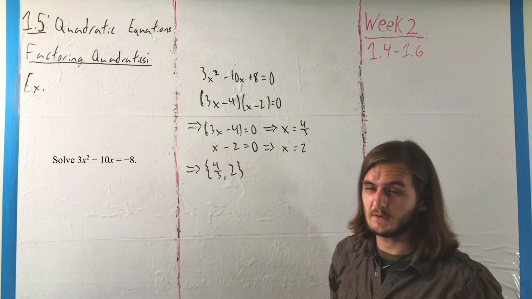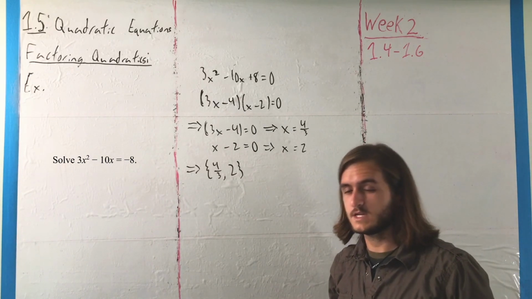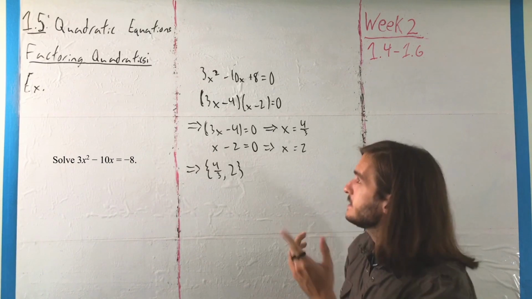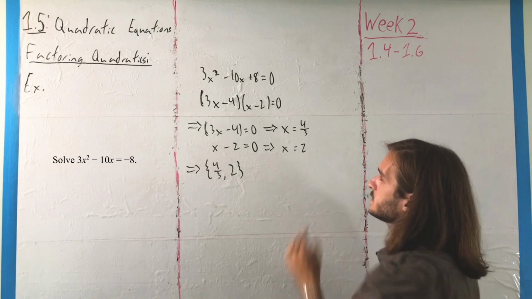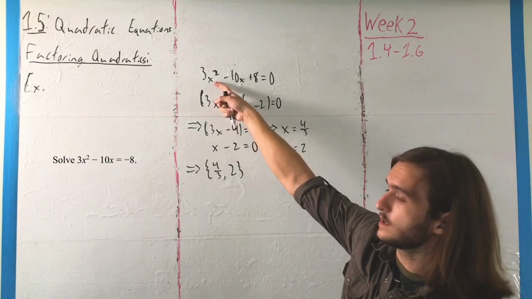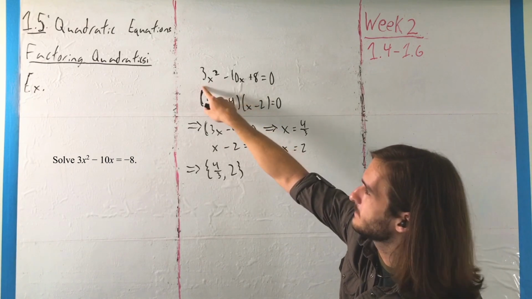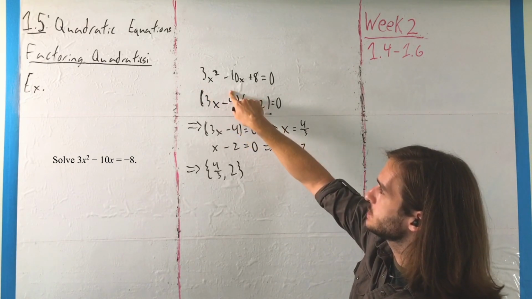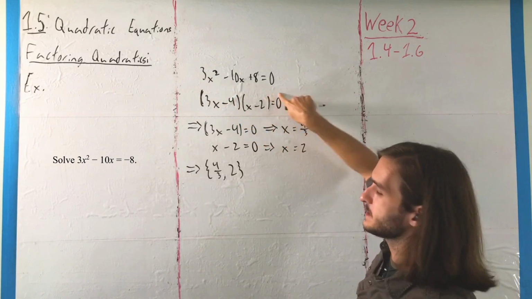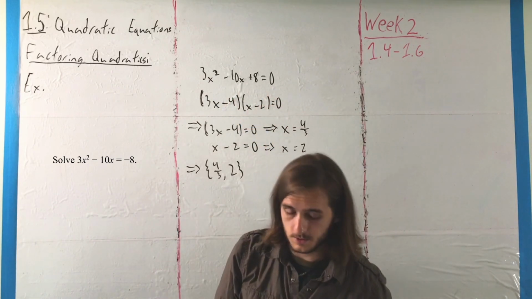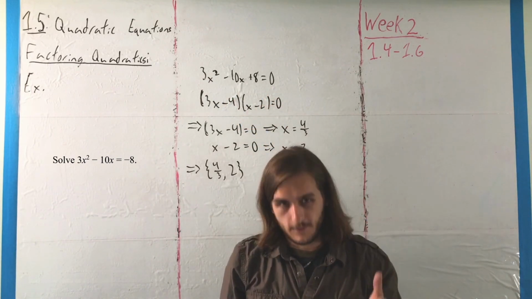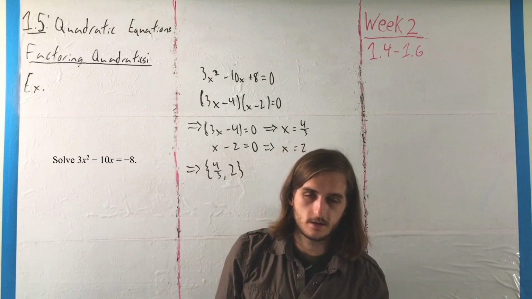So you'd have 16 minus 40 is negative 24 over 3, so that's negative 8 plus 8 is 0. Then for 2, you would have 2 times 2 is 4, times 3 is 12, minus 2 times 10 is 20, so negative 8 plus 8 is 0. So both of those solutions, thankfully, are good.